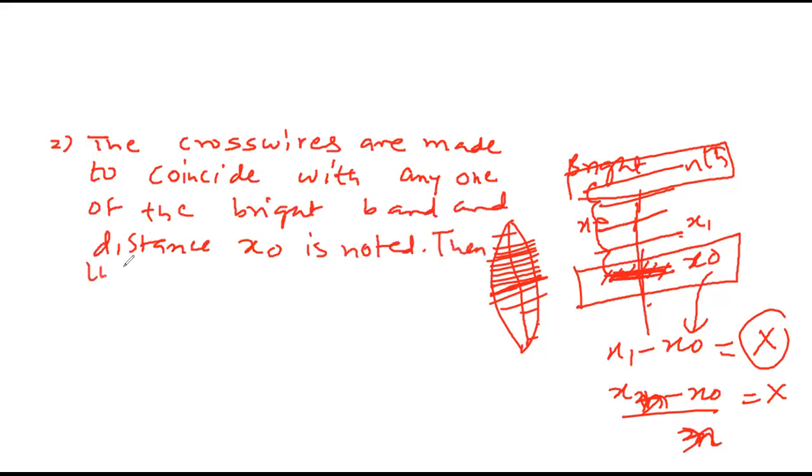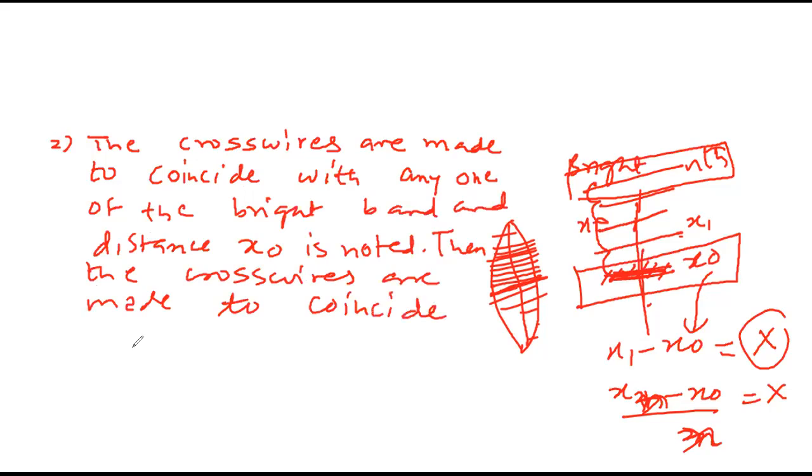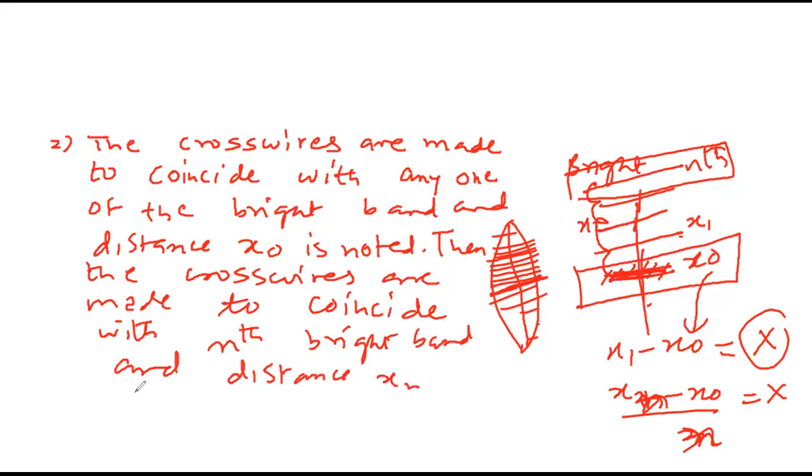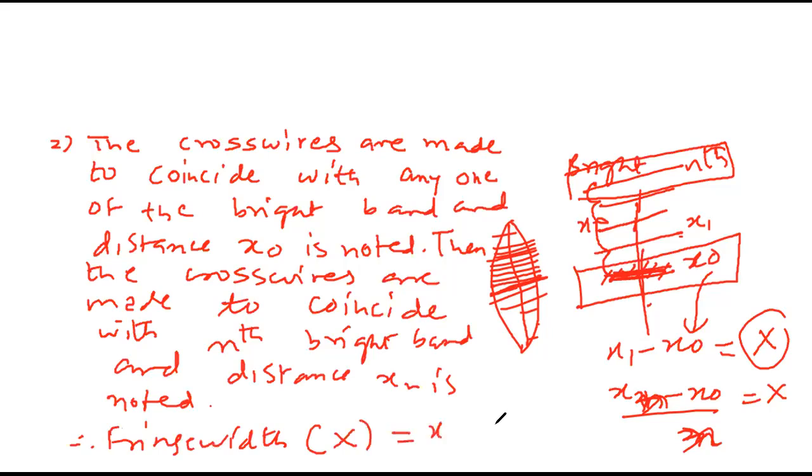Then the cross wires are made to coincide with nth bright band and distance xn is noted. Therefore, fringe width denoted by capital X equals xn minus x0 upon n. Right.